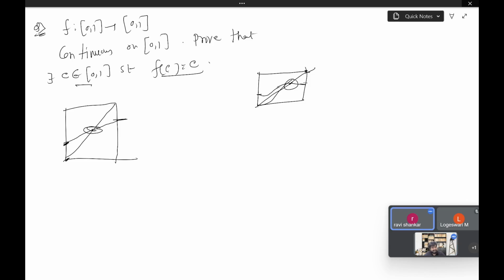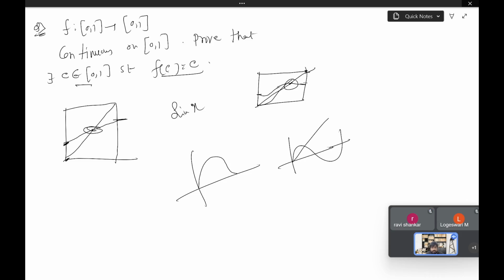Sir, if you take the sin x function, right? Look at the graph of sin x. How does the graph of sin x look? It will look like this, right? The line f(x) equal to x and the curve sin x in this way.